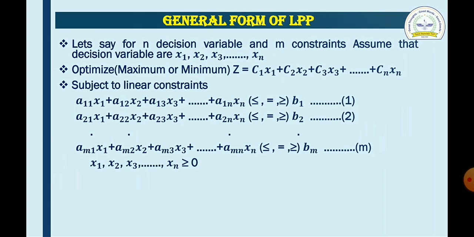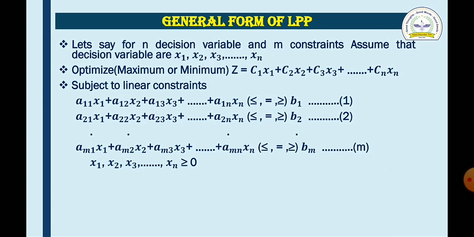Now, the general form of an LPP. Any linear programming problem can be converted into the general form. Let's say for n decision variables and m constraints, assume that the variables are x1, x2, and so on up to xn. Then any problem can be converted into this general form.